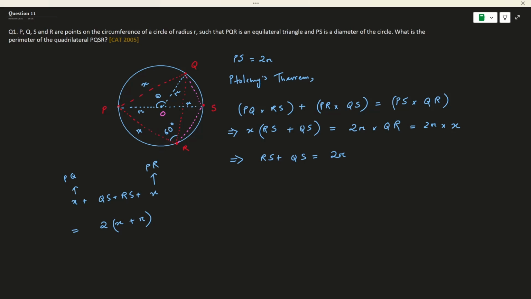Now consider the chord PQ. The chord PQ is subtending an angle of 60 degrees on the circumference of the circle, and so theta will be 2 times 60 degrees, because theta and 60 degrees are in the same segment.